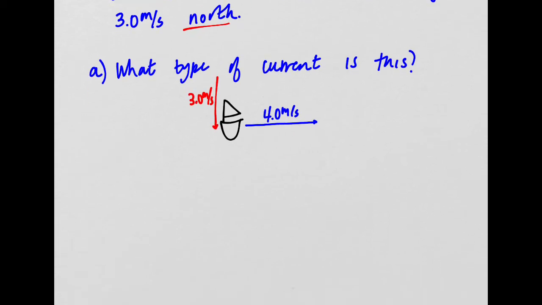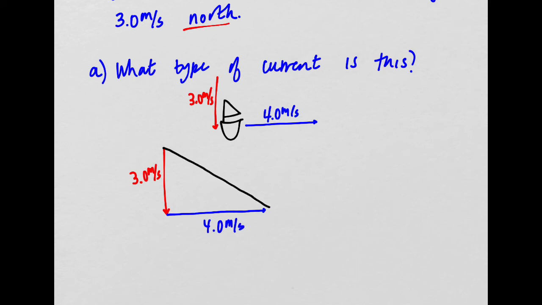So if I draw these two vectors as a vector diagram, I have 3.0 meters per second and 4.0 meters per second, and my resultant is going to be like this.